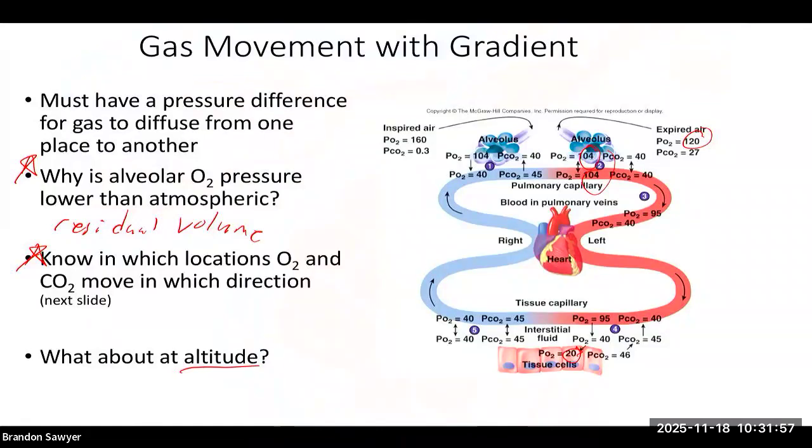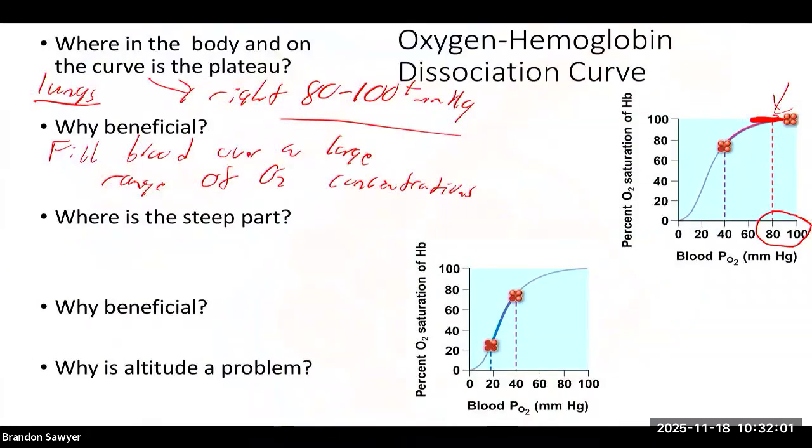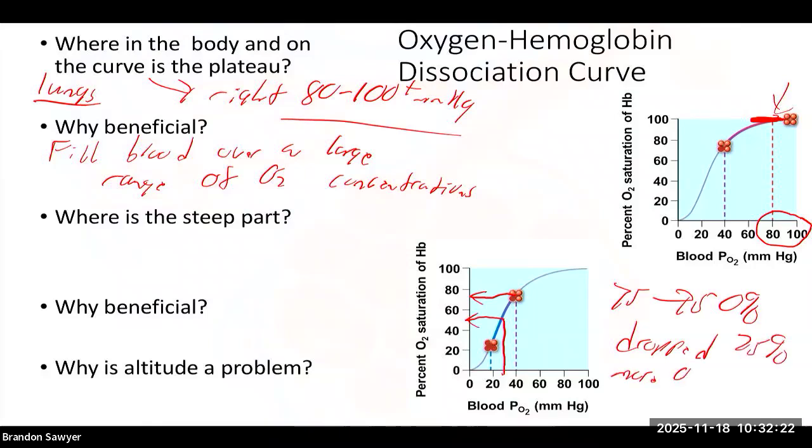So if this number drops from 40 to 30, what does that do here? Instead of being saturated at about 75%, now we're saturated at about 50%. So we went from 75 to 50%, which means we dropped off 25% more oxygen.